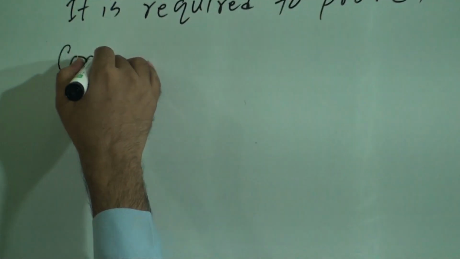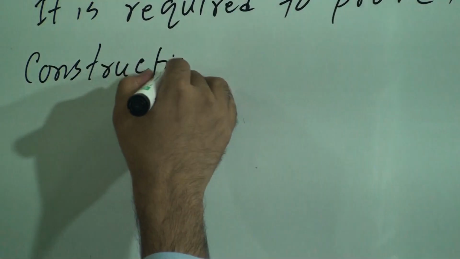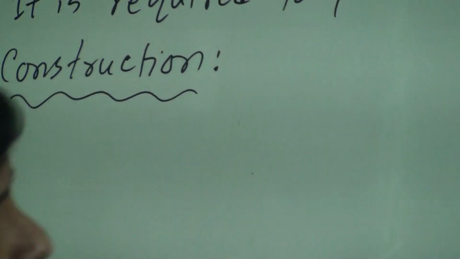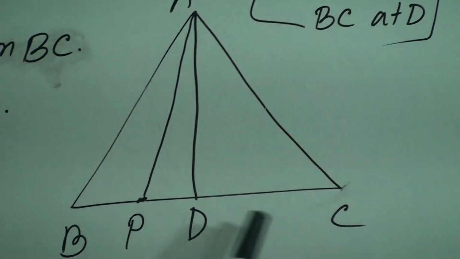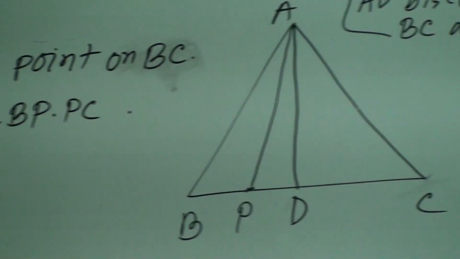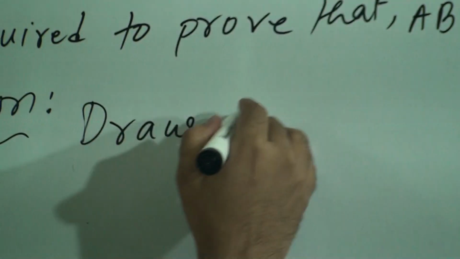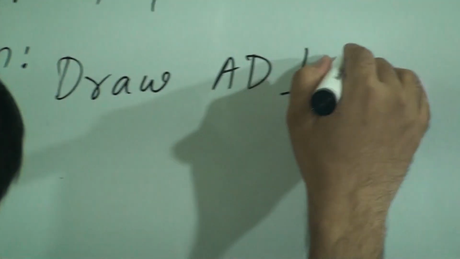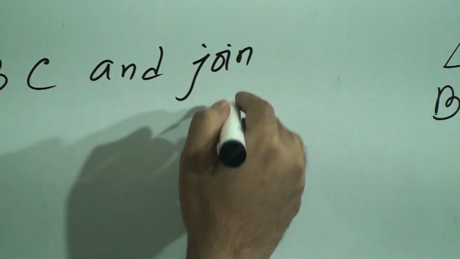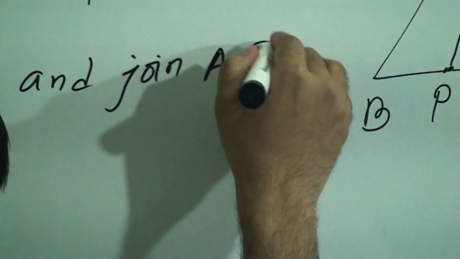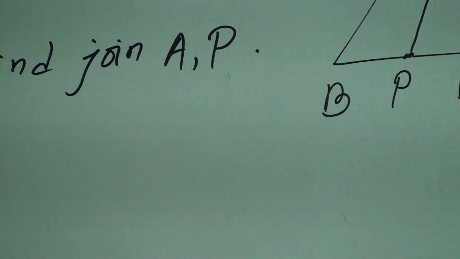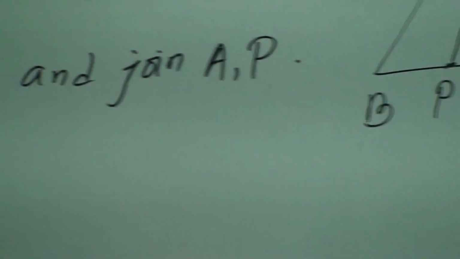Construction: draw AD perpendicular to BC and join AP, the points A and P. Join AP. Construction is done. Now we need to prove, so we can write here the proof.